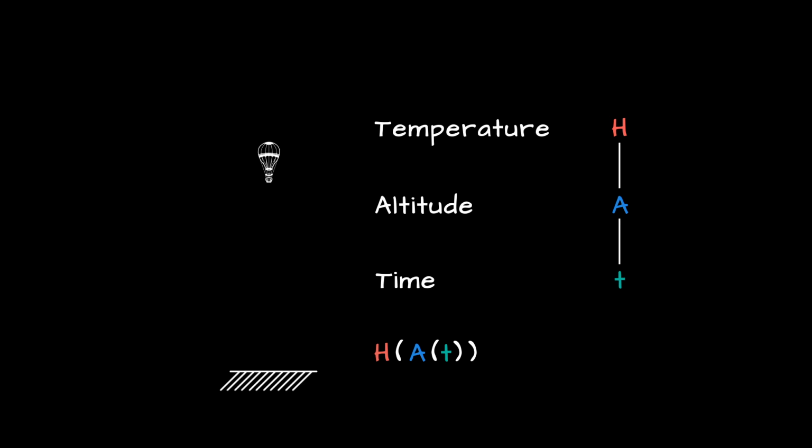The function A of t is sitting inside, as it were, the function h. The function a takes values of time and associates altitudes to them, and the function h takes values of a, or altitudes, and associates temperatures to them. So that ultimately, h can be realized as a function of t. This is how the composition works.